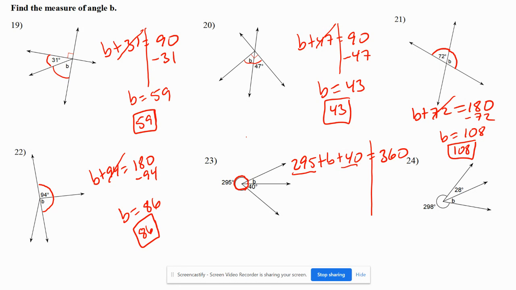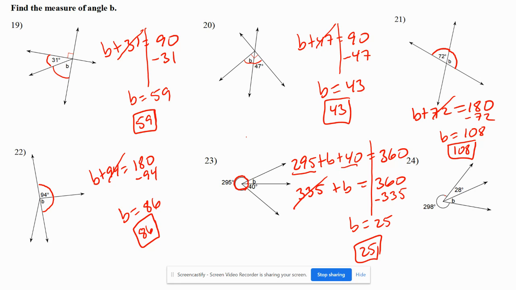Use a calculator if necessary. 295 plus 40 happens to be 335, plus B is equal to 360. My 335, let me move it over as a minus 335. 360 minus 335 is 25. So B equals 25. I'm just going to type in 25.